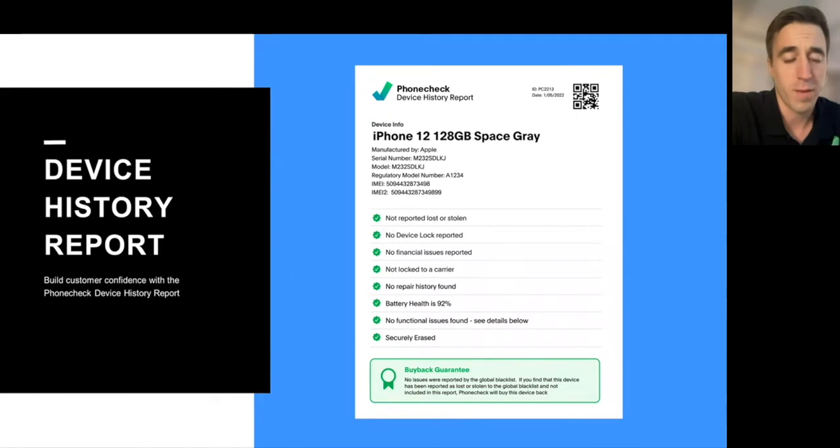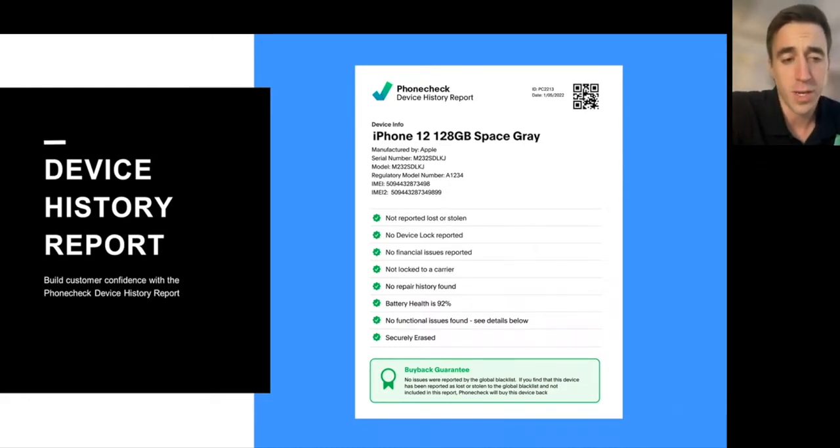It's really our simple consumer-facing summary and result of the certification process. So after a user completes a PhoneCheck diagnostics test, it's a pretty quick test, about a minute long, 80 points, covers all different components of a device, several of which are IMEI based, backed by the GSMA device check data.